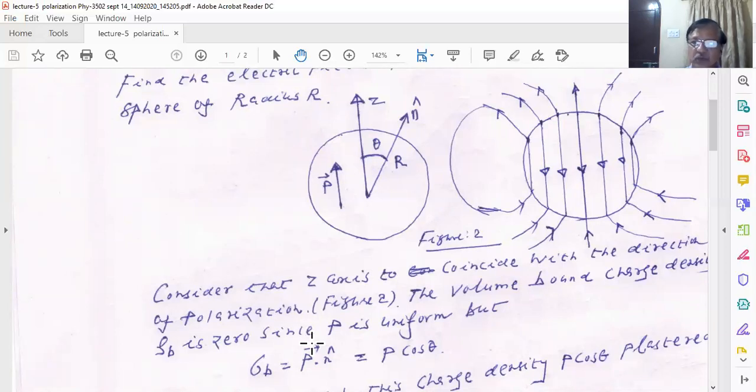So rho b is always 0 if polarization is uniform.